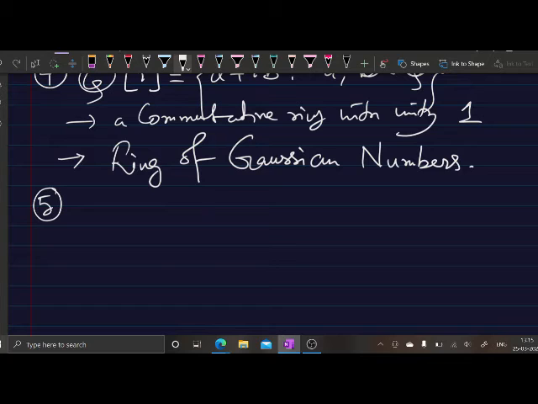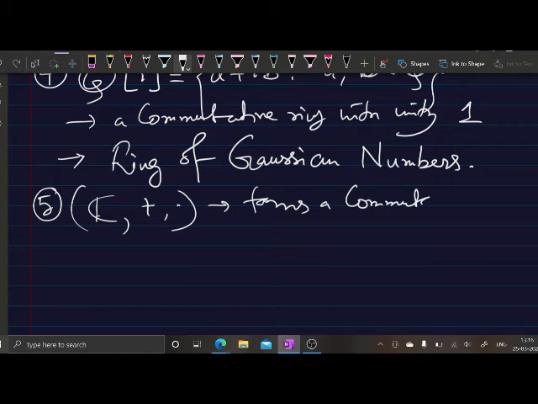Along this line you can immediately define, you can have this C, and with respect to usual plus and dot it forms a commutative ring with unity, which is the integer 1.